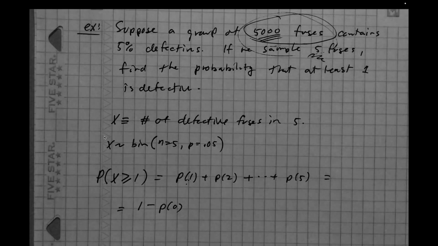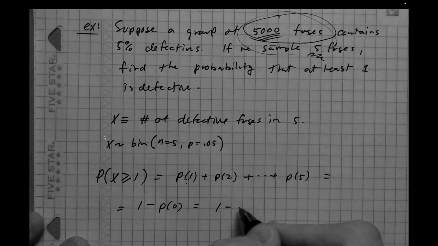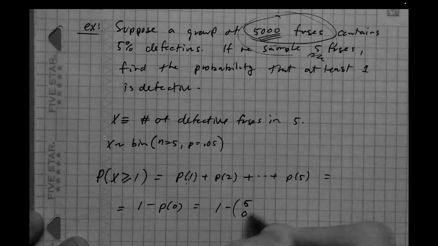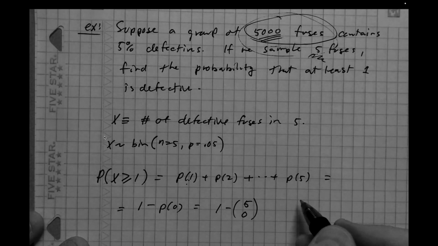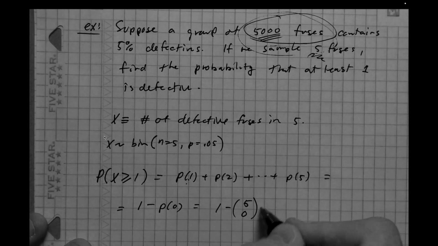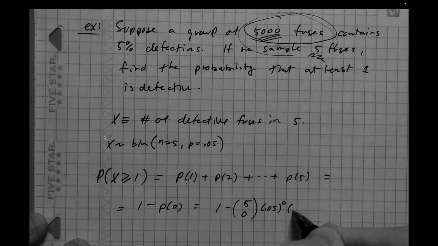If I'm interested in 1 or more, I could just as well say 1 minus the probability of none of them. That one's straightforward to calculate: 1 minus, and this is binomial, so it'll be 5 choose 0 times p to the 0, q to the 5th power. P here is 0.05.